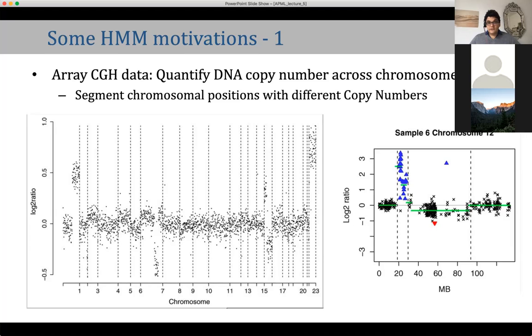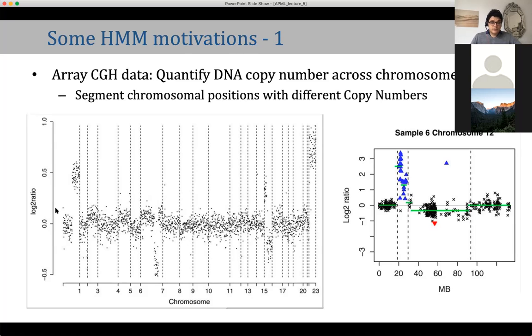That's the very first coarse-grained way of checking areas in the genome where suddenly you would have an increase in DNA material. Here you have the whole chromosome, and each point is a region of a chromosome that is hybridized, and you do a ratio, you compare to background.